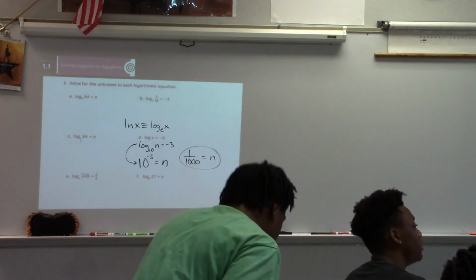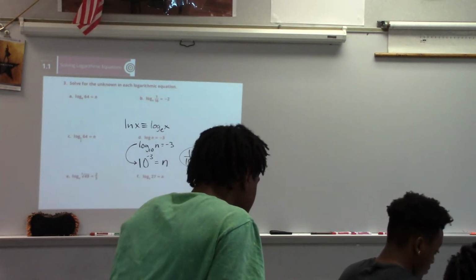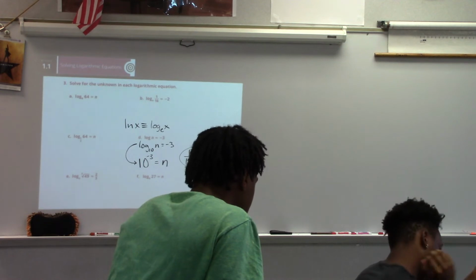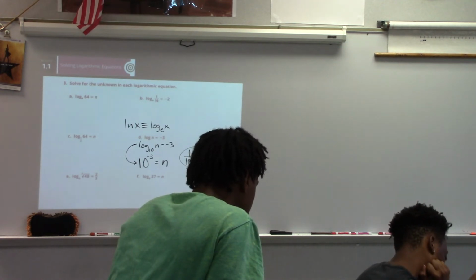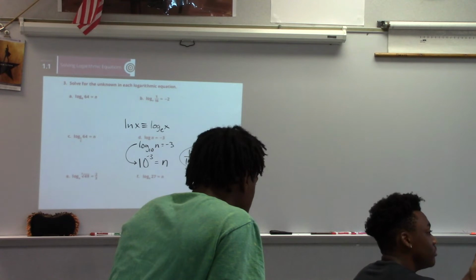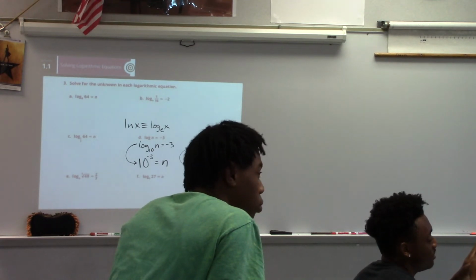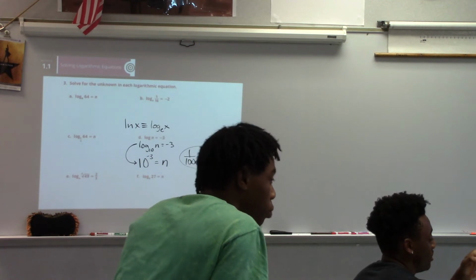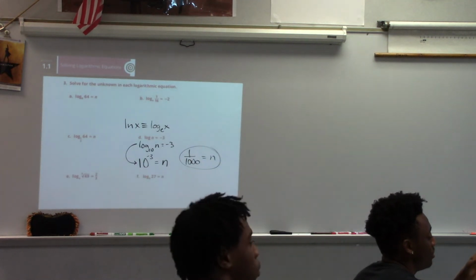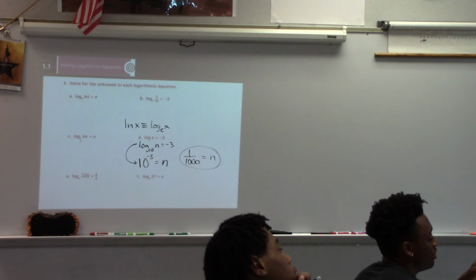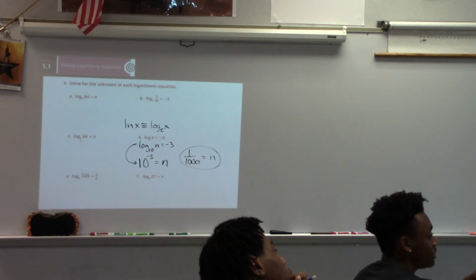Alright, so number 4, B, what did y'all do? 9 raised to the what equals 27. That's a good way to think about it. I will say this, it's not an integer exponent for F. Have y'all done B yet?